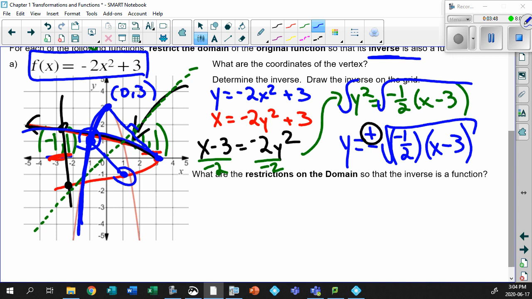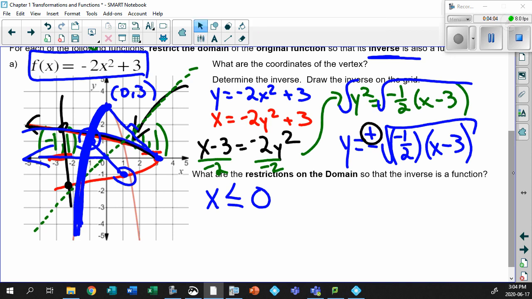So if we actually say x is less than or equal to 0, in other words, starting here and going this way, we're talking about this side of the graph. There's a restriction. So if I only want to talk about this side of the graph, I get this here as my only inverse.